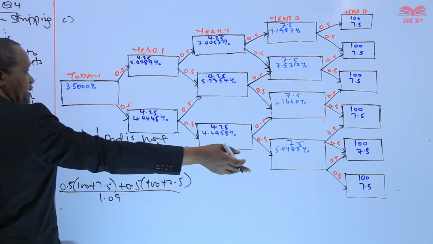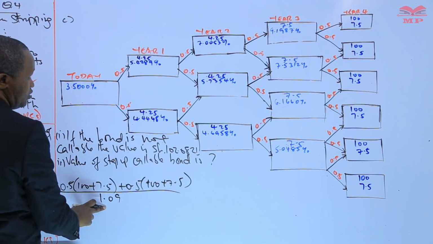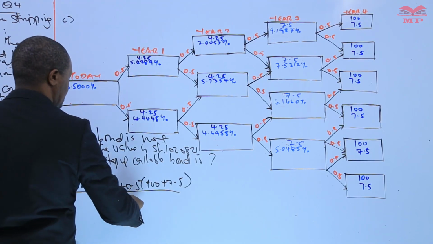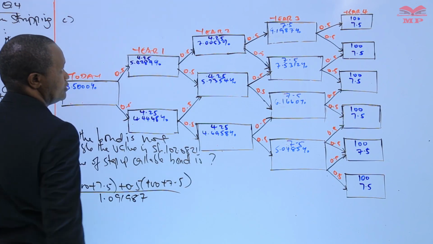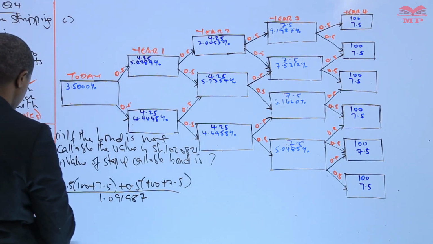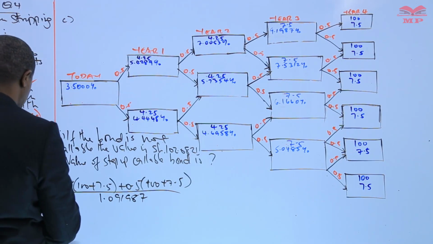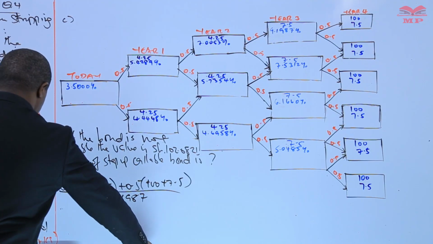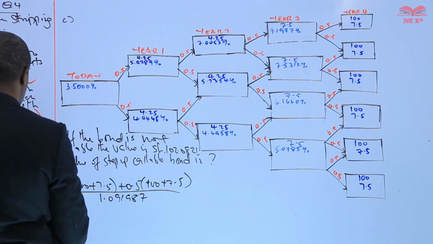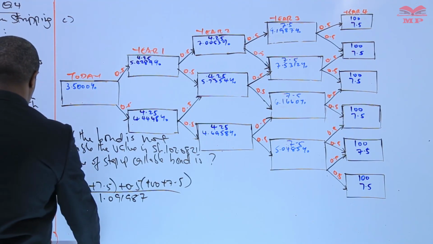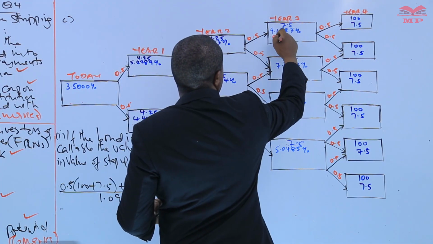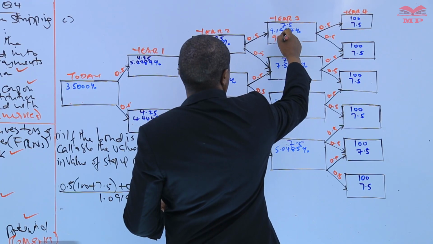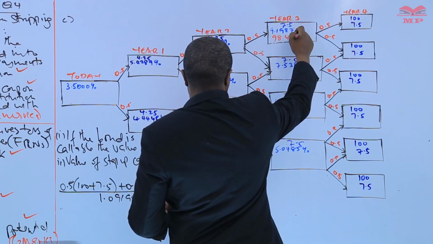Convert it into decimal, then add 1. You will get 1.091987. Moving to the calculator, the answer here will be 98.444.